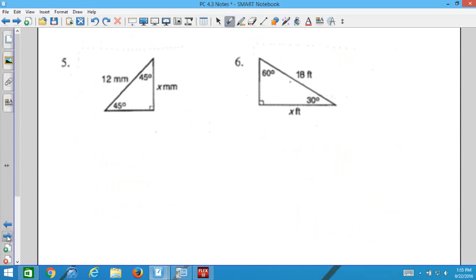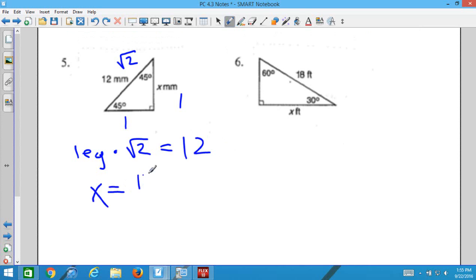No? Okay. Number 5, we've got a 1, 1, square root 2. So we take the leg, multiply by square root 2, that equals 12. So how do I find the leg? Divide by square root 2.